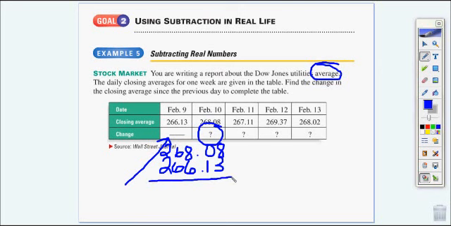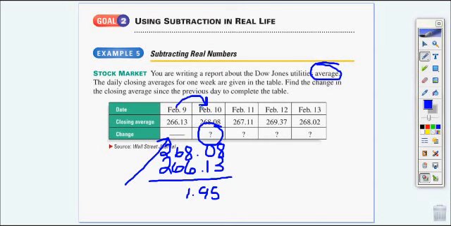You can definitely use your calculator for this. I'm just finding the difference between the two numbers, and I should come up with 195. Now we're moving from here to here. This is the larger number, so the 195 is going to be positive.